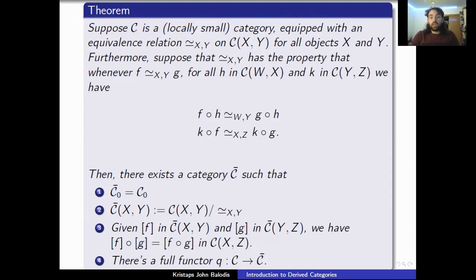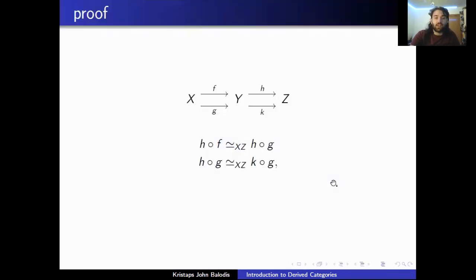Really, the only serious thing I would say, I mean, it's all worth checking, but the only serious part of this proof is just that this composition is well defined, right? Because we're talking about equivalence classes. So to check that, suppose we have F and G, which are related, and H and K, which are related.